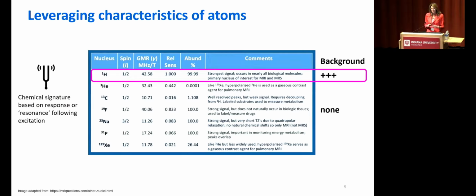And while it has a versatile application, there is substantial biological background to contend with. If you think about a molecule like water, for example, there's 2 hydrogens for every molecule of water. And as human beings, we are a whole big bag of water, right? And so there is a lot of biological background when you're doing proton MRS that you have to account for, and it just adds to challenges in analysis.